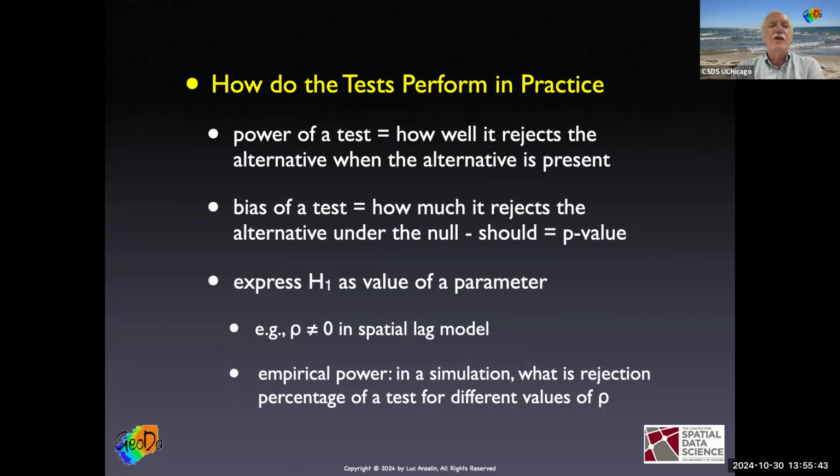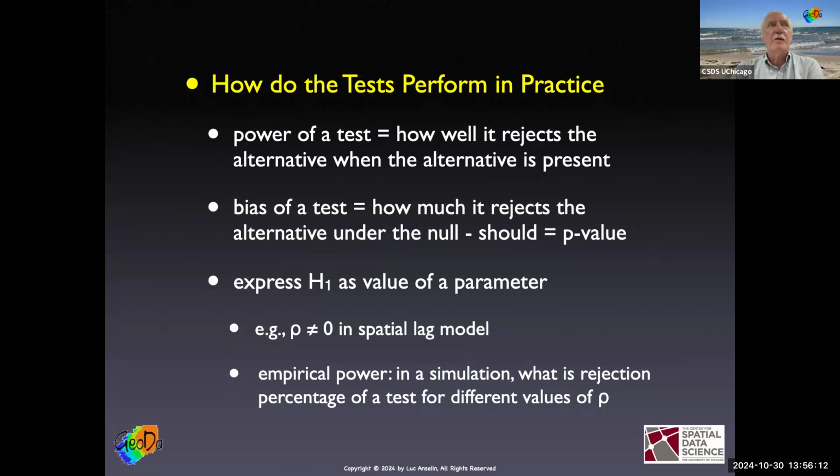It should say reject the null when the alternative is present. That's a typo. So if, let's say, we have a lag model and the spatial coefficient is 0.5, and you reject the null 100% of the cases, you're doing really well. If you only reject the null 20% of the cases, that's not that great, because you'd be wrong a lot of times.